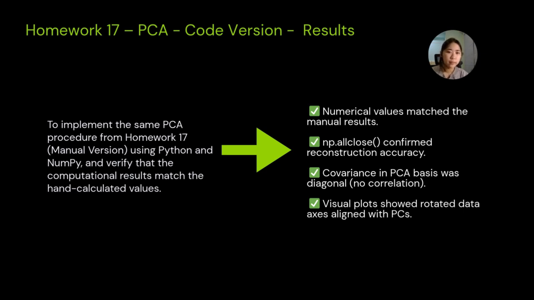The results I received matched, and NumPy allclose confirmed that the reconstruction is 100% accurate, and we can tell that the covariance in the PCA basis was diagonal, so there is no correlation. And in this code version, I was able to plot visuals, and it showed rotated data axis-aligned with the PCs, which I will briefly explain in the next slide.